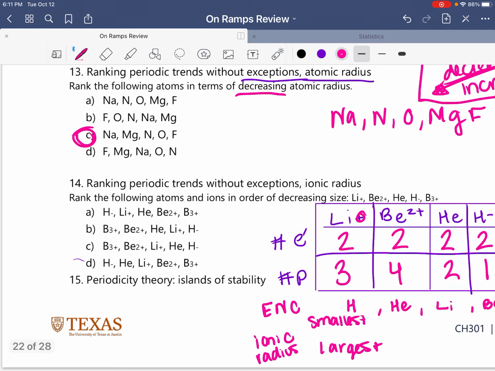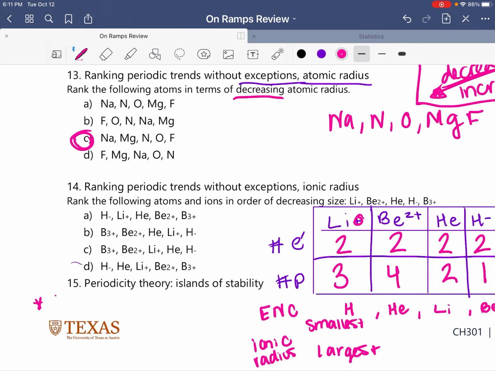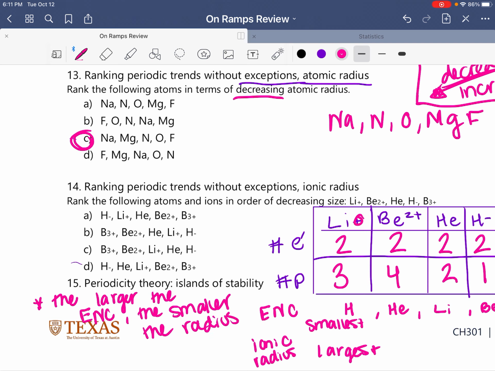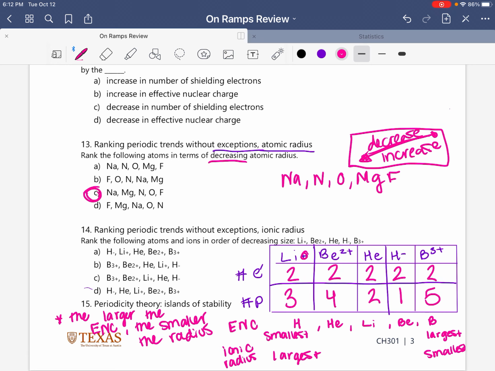Let me write that out. The larger the effective nuclear charge, the smaller the radius. And then vice versa. So the smaller the effective nuclear charge, the larger the radius.